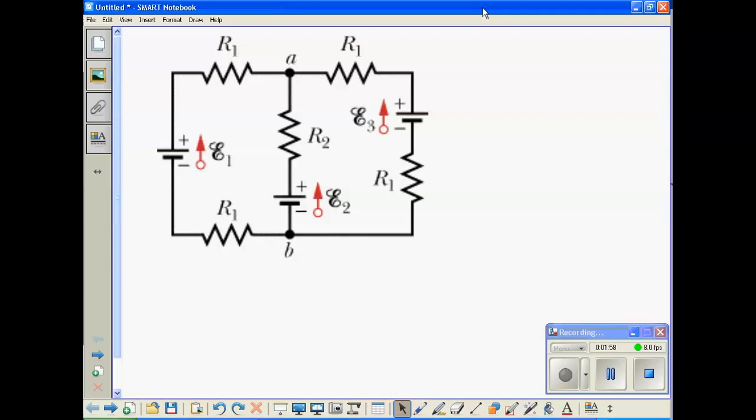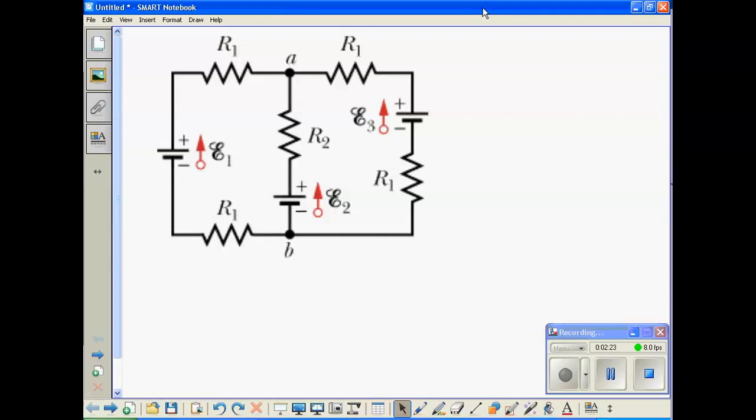Where wires meet, we can't create new current, we can't get rid of the current, and so any current going into a junction has to equal the current coming out, much like cars entering and exiting an intersection. You can't create new cars in the middle of the intersection, nor can you get rid of ones in the intersection. So in this particular problem, we have 2 junctions.